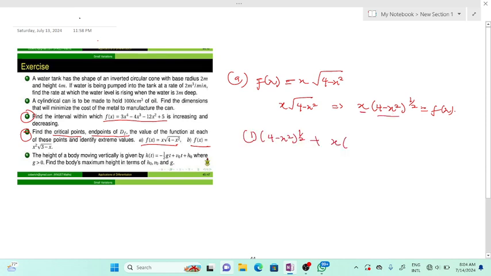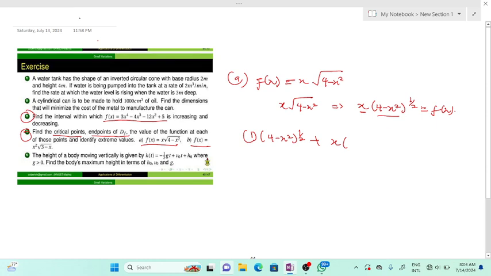This whole expression is a composite function. You first differentiate the entire function as 1 over 2, 4 minus x squared to the power negative half. Then you multiply it by differentiating what is inside, which gives negative 2x.